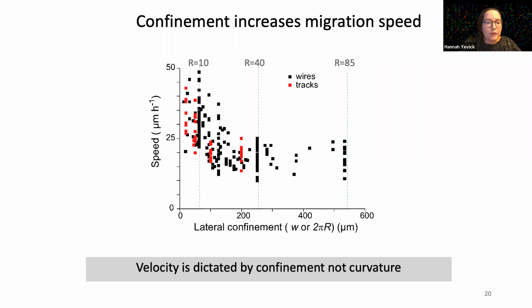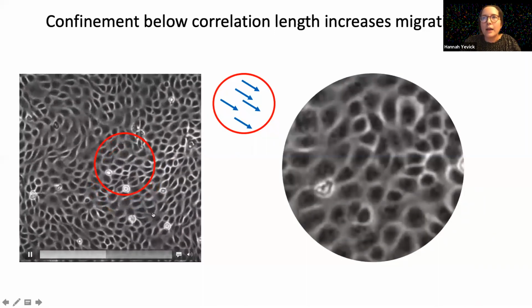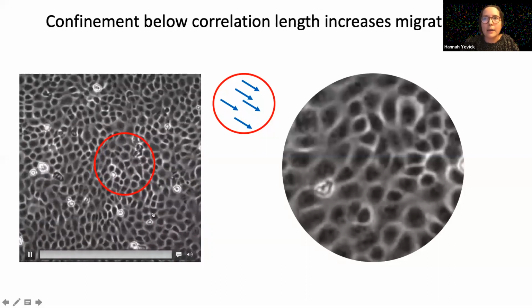But ultimately, velocity, as you can see now looking at the red points, is dictated by confinement and not curvature. So how do we understand this increase in speed of the migrating front below around 200 microns? This can actually be understood by going back and looking at these collective swirling patterns that I had showed you before on a previous slide.